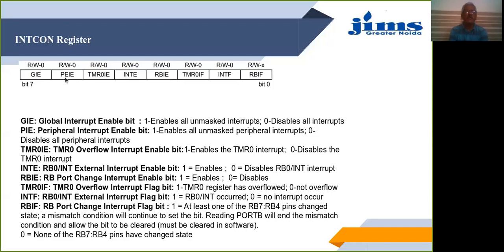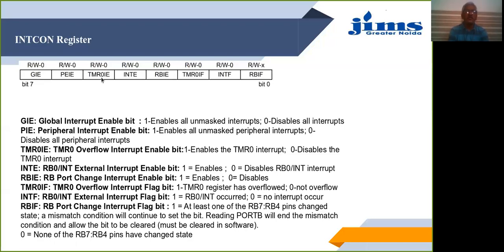PEIE, that is the peripheral interrupt enable bit. If we wish to get an interrupt from the peripherals, we can set this particular bit so that the peripheral interrupt is enabled. You can set it to 1 to enable, and you can clear it to 0 to disable all the peripheral interrupts.